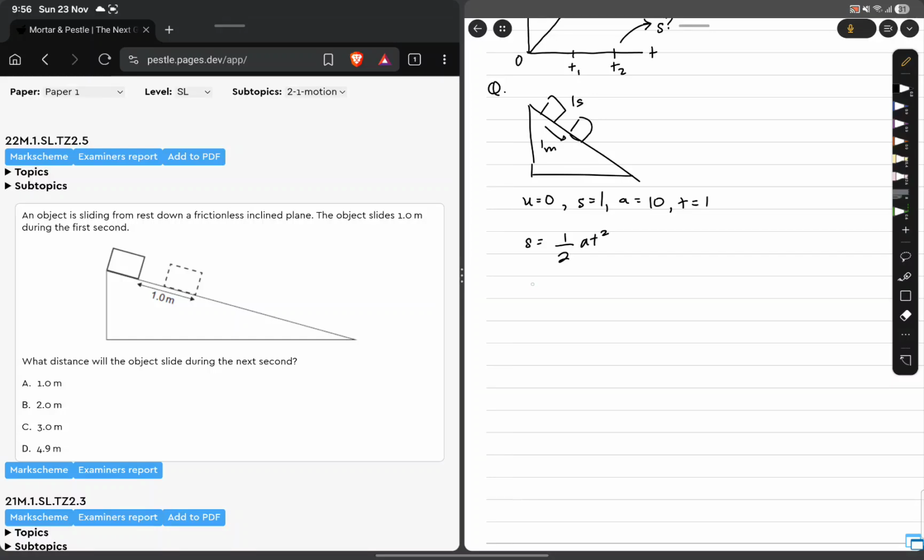So if we plug in after 2 seconds, s2 is half a, we'll just put 5, times 4, because 2 to the power of 2 is 4, so 20.